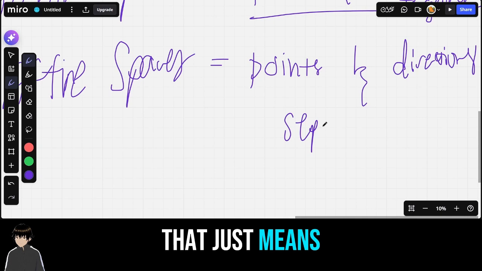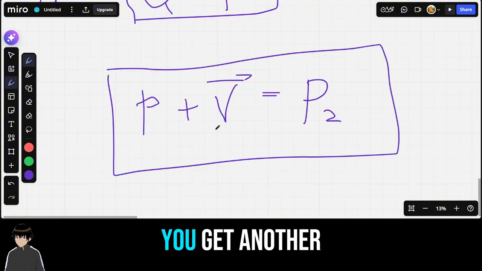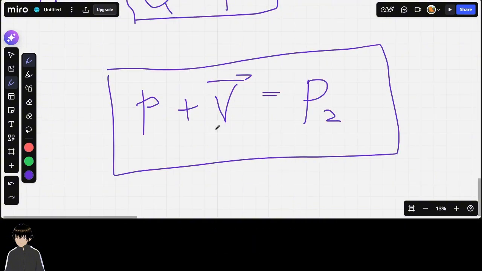That just means that when you add a set of points and a vector, you get another point.